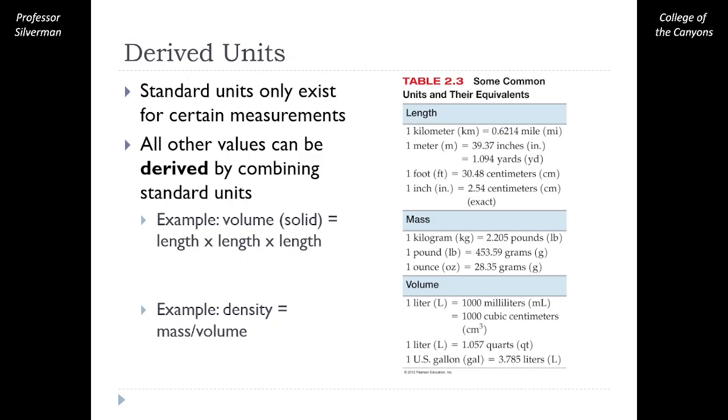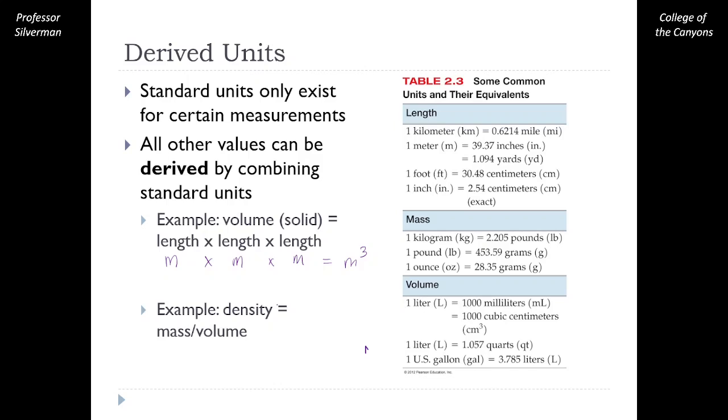As we know from our lives, not every property can be distance or time or mass, but that's okay. Other properties we can describe using a combination of SI units. So for example, volume is length times length times length. The SI unit here is going to be meters times meters times meters, which is going to be meters cubed or cubic meters.